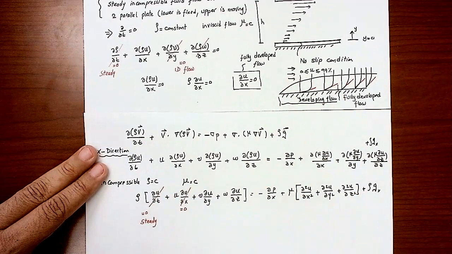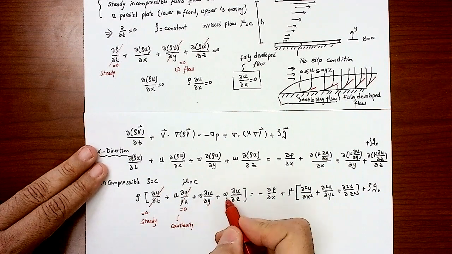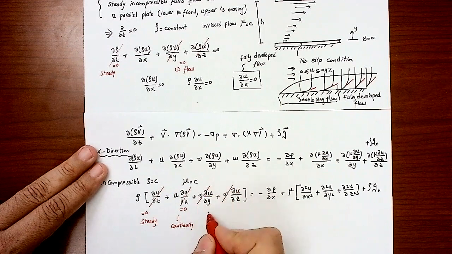And since we are dealing with a one-dimension problem, v and w both are zeros. So this term will go away for the one-dimension flow assumption.